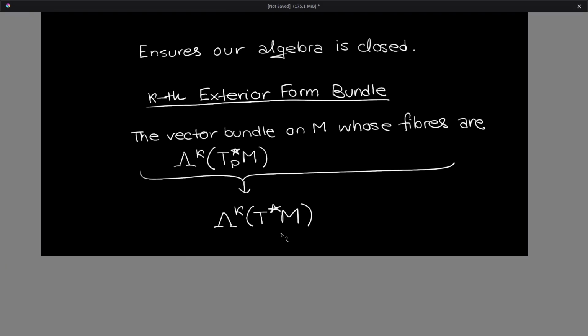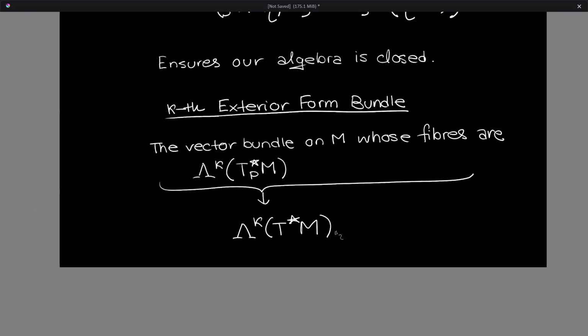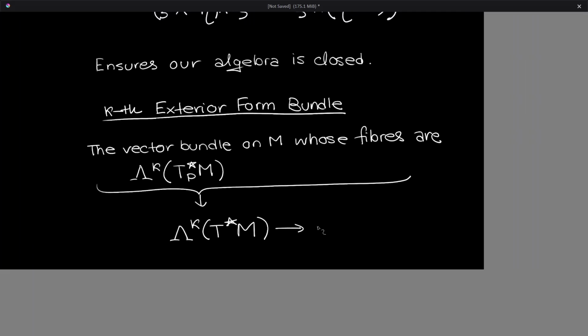We were talking about how this was the space that the exterior form bundle would be. So this is called the kth exterior form bundle.